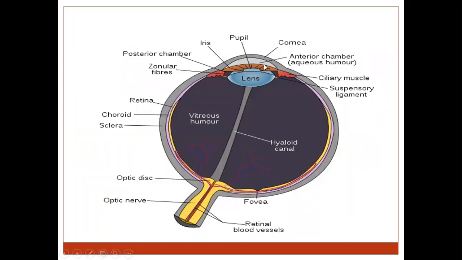This is the anterior chamber and it fills with the aqueous humor. This is water-colored, and at the back, in front of the lens, iris, and ciliary area.